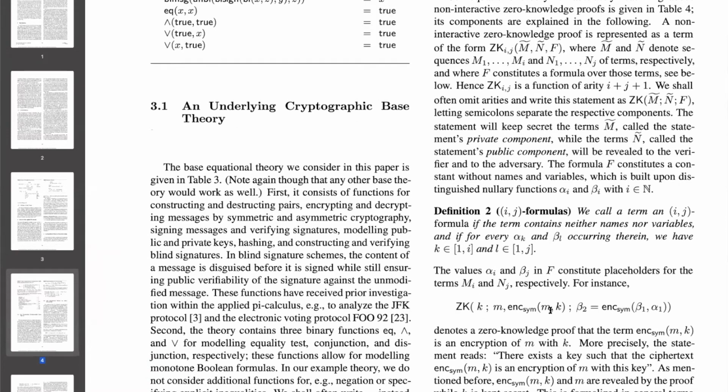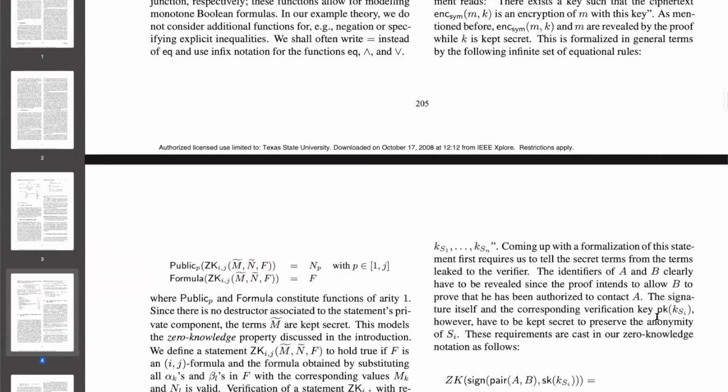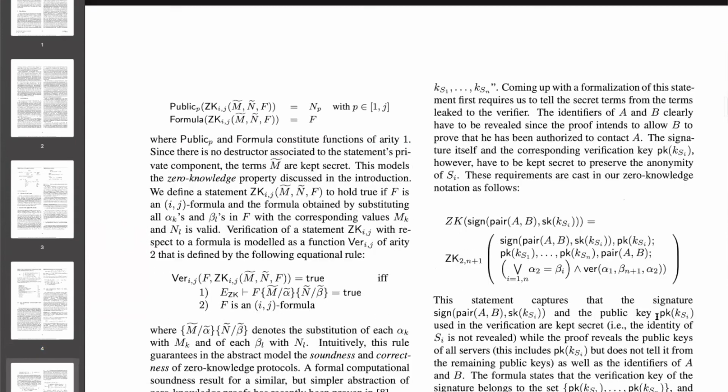So this thing denotes a zero knowledge proof that the term encryption is an encryption of M with K. So this is denoting the proof of that. All right, so that's kind of the idea.